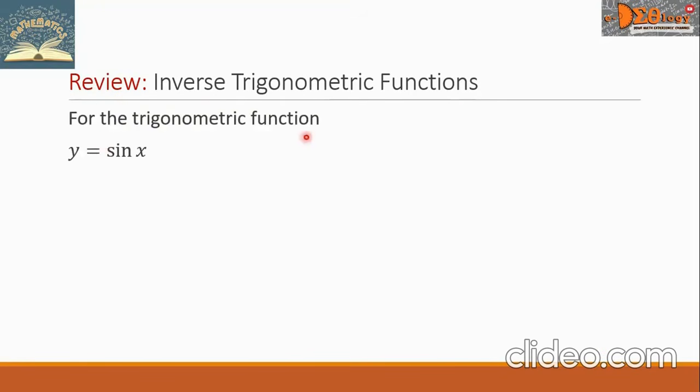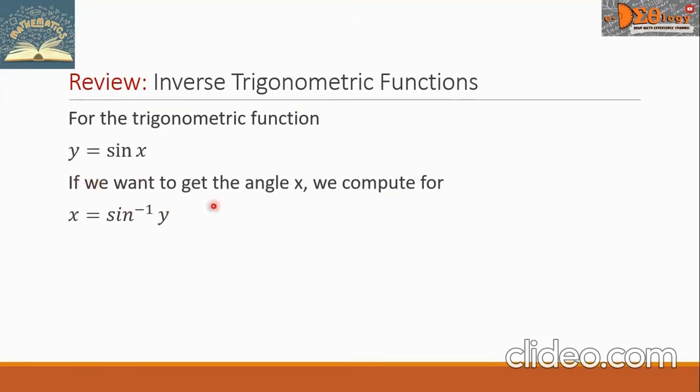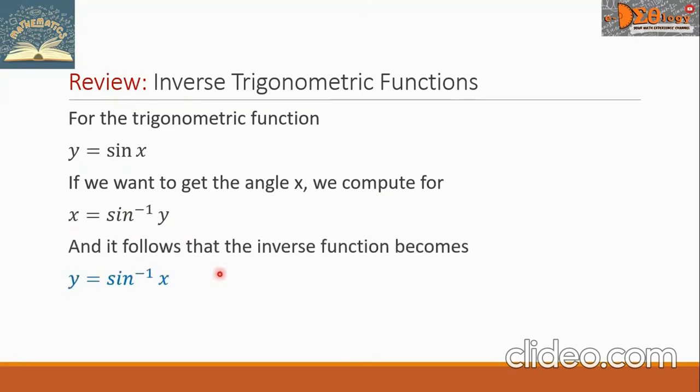For the trigonometric function, let's say y equals sine x. If we want to get the angle x, we compute for x equals sine inverse of y. And it follows that the inverse function becomes y equals sine inverse of x. In other books, you will see y equals arc sine of x.